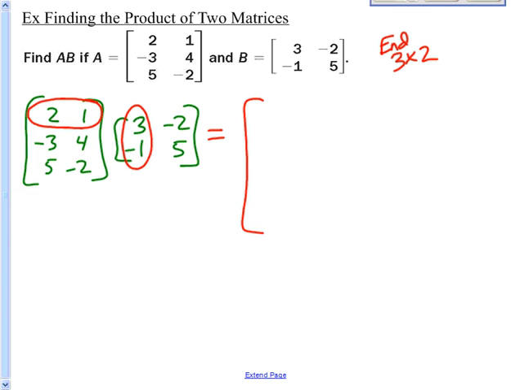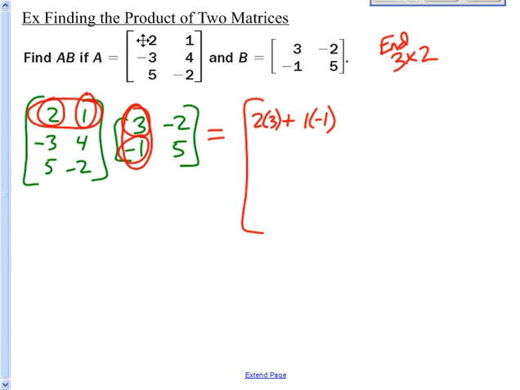So you take the first term in the first row, 2, times the 3, and then you add it to the 1 times the negative 1. And that's our first entry, in the first row and first column.